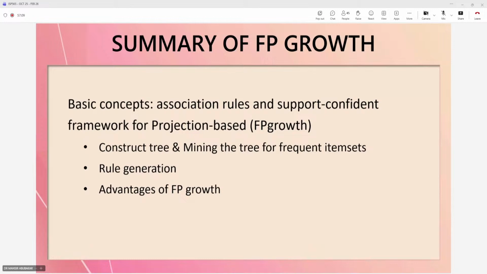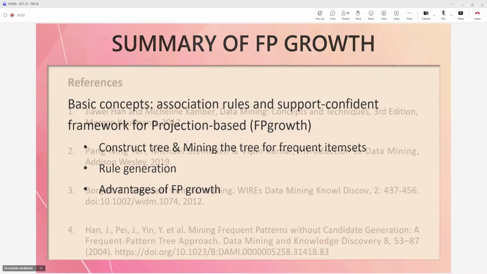So in summary, we discussed the basic concepts of association rule mining, where we see the association rule and support, the framework for projection-based FP-growth algorithm, how to construct the tree, how to mine the tree for frequent items, how the rule is generated, and then finally, what are the advantages of FP-growth. I think this is what we have discussed in this particular slide.